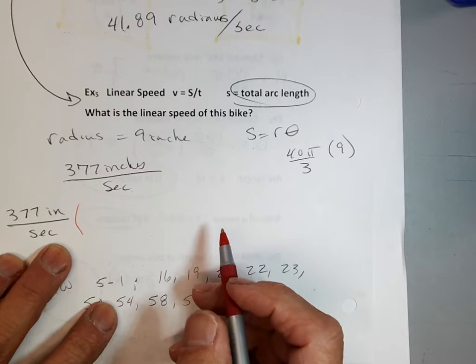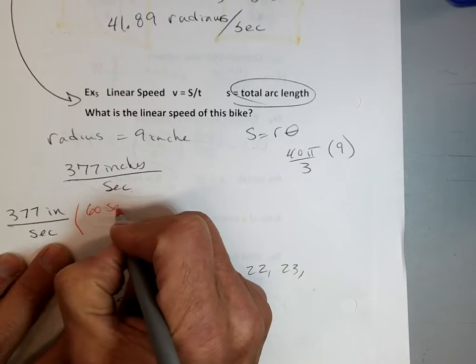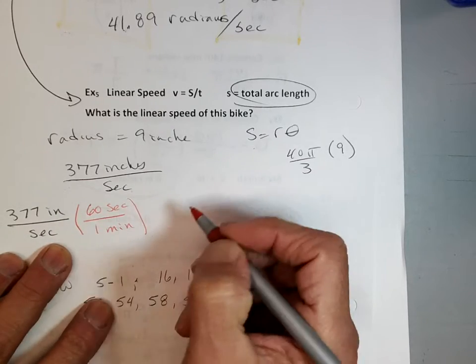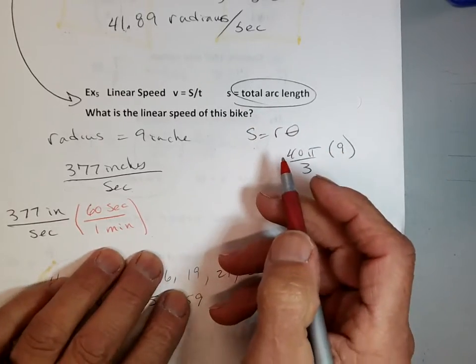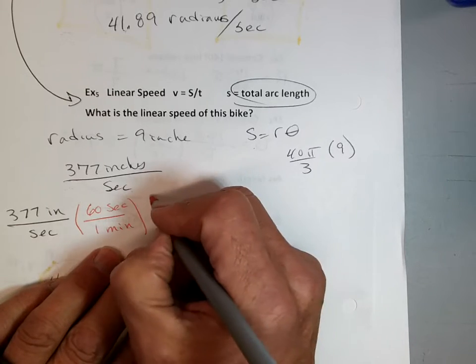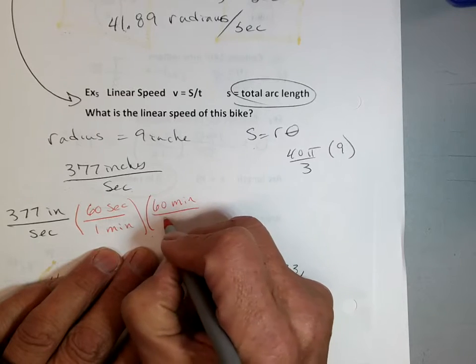So 60 seconds is going to go above, for 1 minute. That's how it always works, right? Now I need to get hours, so there's 60 minutes in 1 hour. So where should I put the 60 minutes? On top, because I want the minutes to cancel, right? 60 minutes per hour. Okay, awesome.